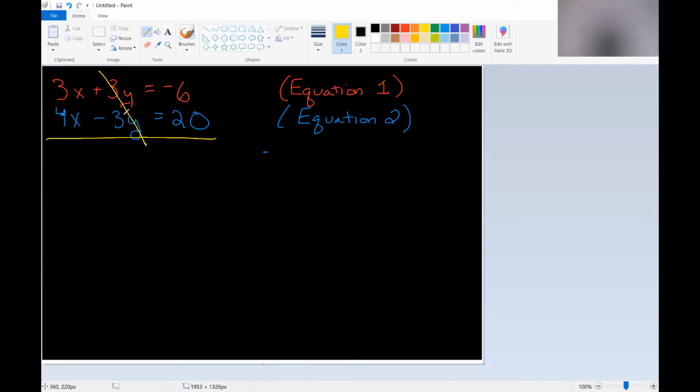So if I simplify this, what I've got so far is 7x plus 0y. Well, I don't even need to write that down if I don't want to, so we could get rid of that. And then on the right-hand side of the equation, if I keep adding these equations up, I've got negative 6 plus 20, that would give me 14.